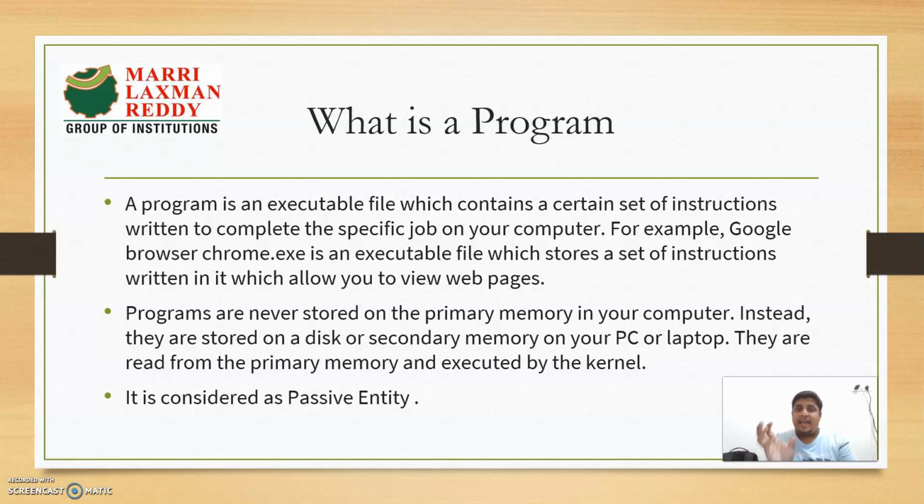So the C drive that you are seeing is a part of the secondary memory, where all the backup executable files, which we call programs, are saved. Okay, if there are no issues with what a process and a program are, let us see the key differences between process and program.